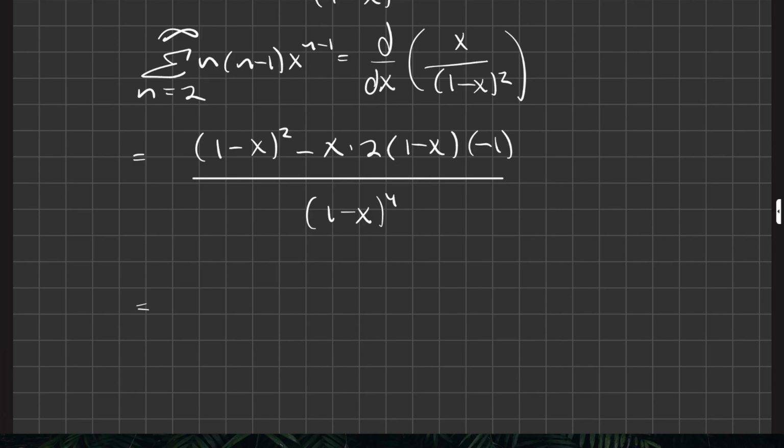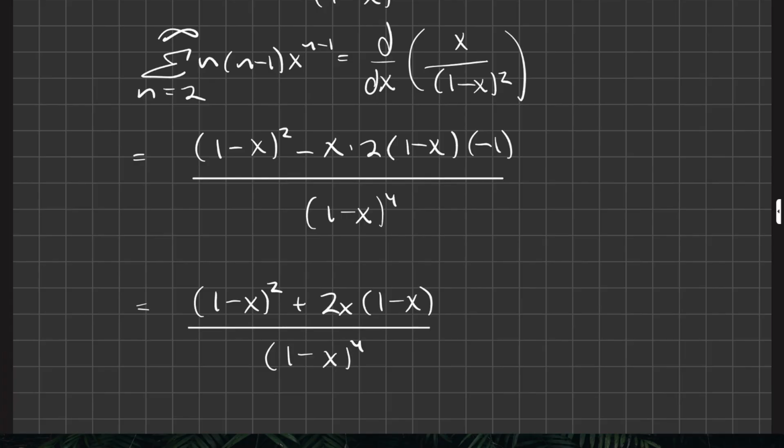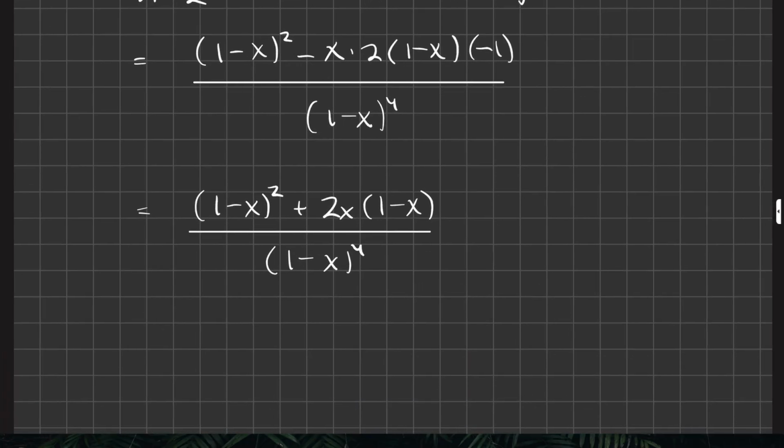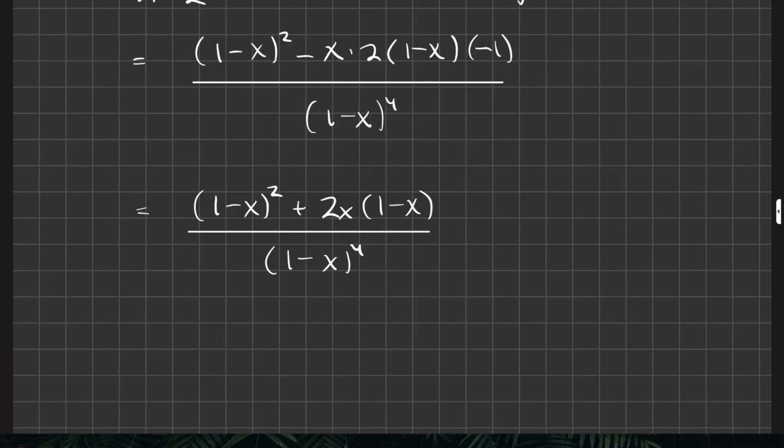And this is just, we can simplify this. It's (1 minus x squared plus 2x(1 minus x)) over (1 minus x) to the 4th. Okay, now let's try to simplify the numerator if we can.